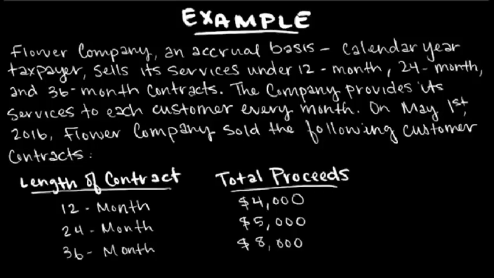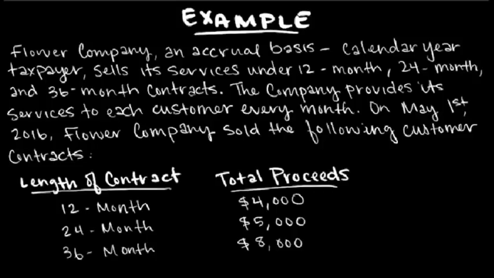The company provides its services to each customer every month. On May 1st, 2016, Flour Company sold the following customer contracts. You had 12-month contracts with proceeds of $4,000, 24-month contracts with proceeds of $5,000, and 36-month contracts for $8,000.